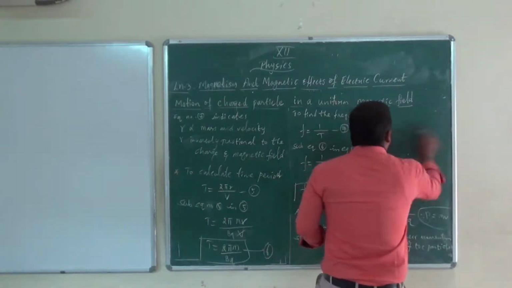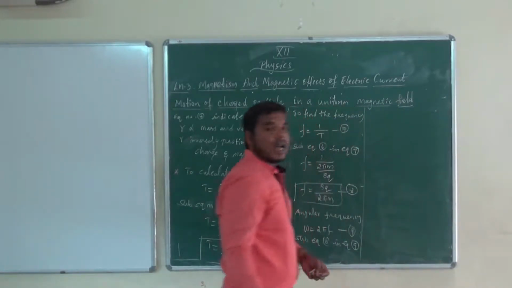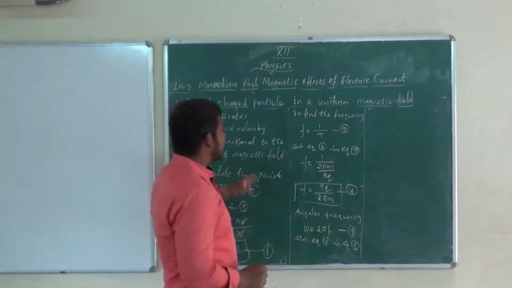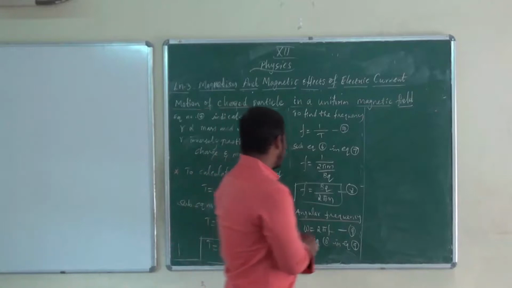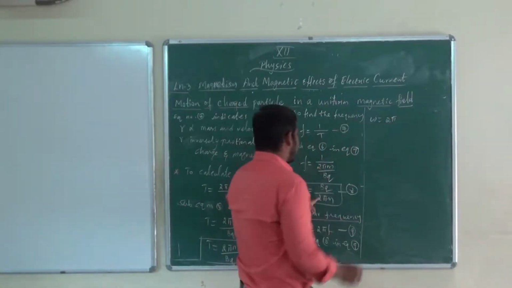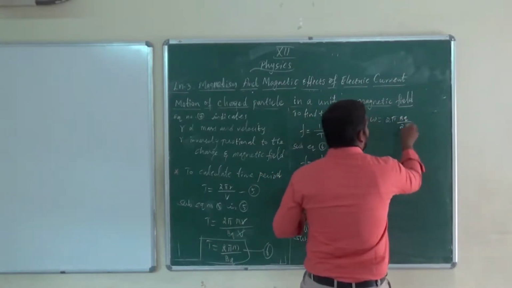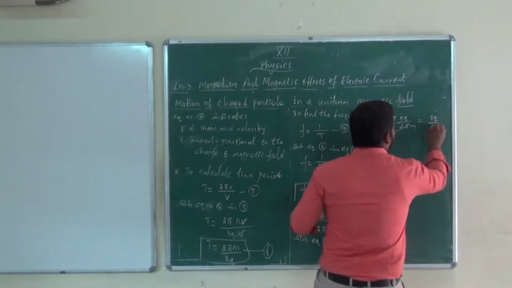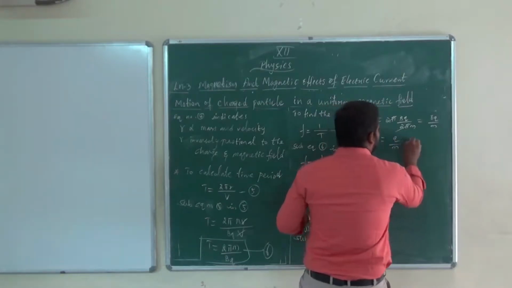Derive equation by equation and substitute in the following equations, and we get the time period, frequency and angular frequency. Omega equals 2 pi times qB divided by 2 pi m. The 2 pi cancels, and the rest is q by m into B. So omega equals q by m into B.